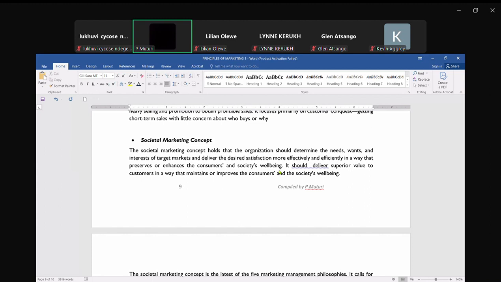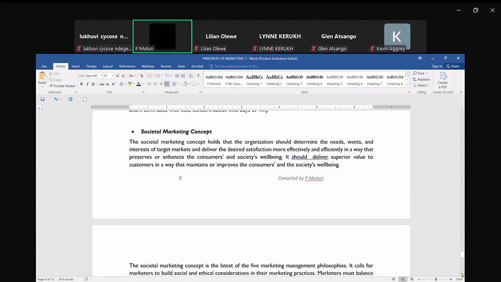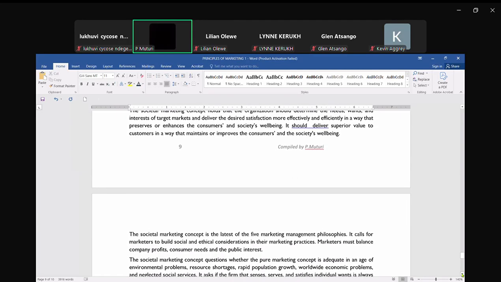What does that mean? That, for instance, the company needs to be concerned about the impact of their activities on the environment. So things like environmental concern, because you can profitably meet the customer needs, but at the expense of the environment. Yeah, how you discharge waste, how you don't conserve energy.